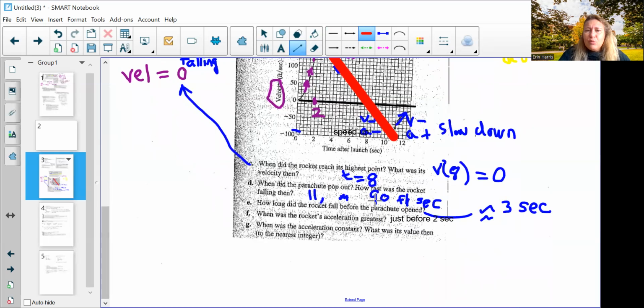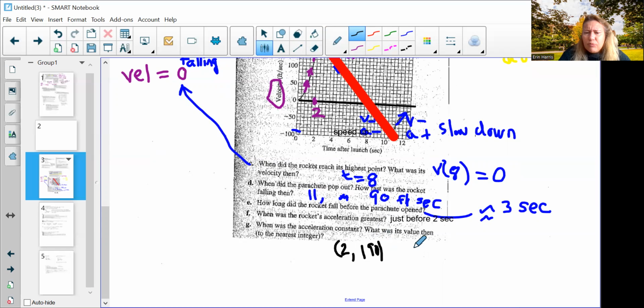So if we were to do slope along this curve, we know we have the point 2, 190, and we know we have the point approximately 11, negative 90. So if we were to find the slope, change in y over change in x.